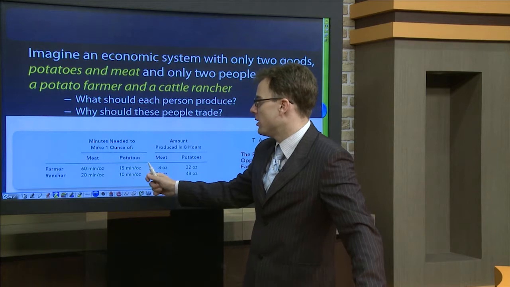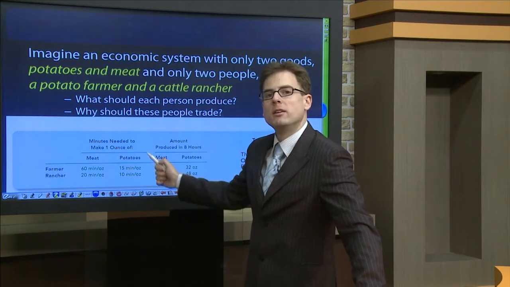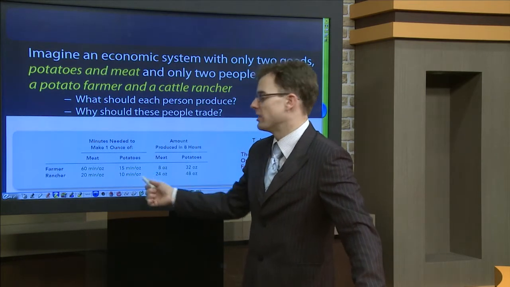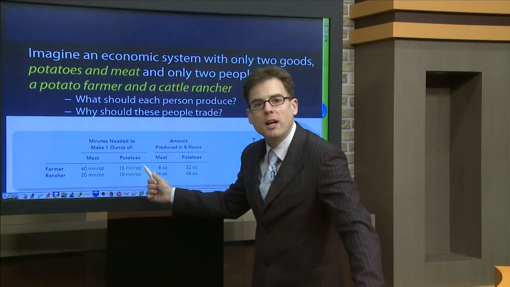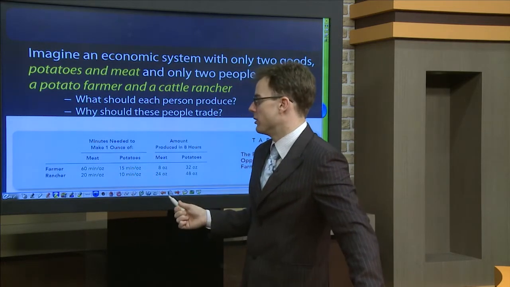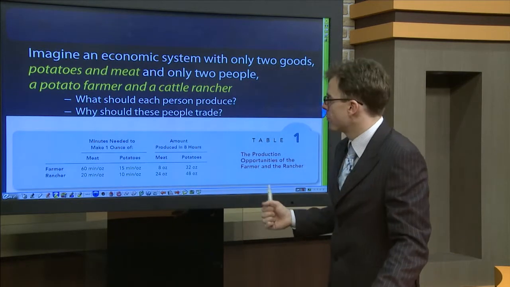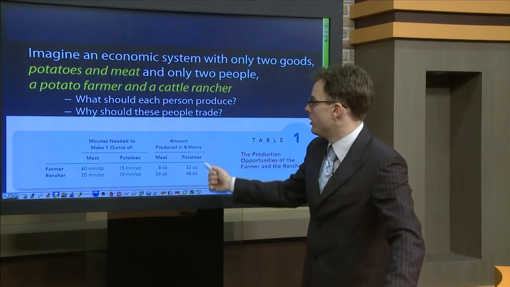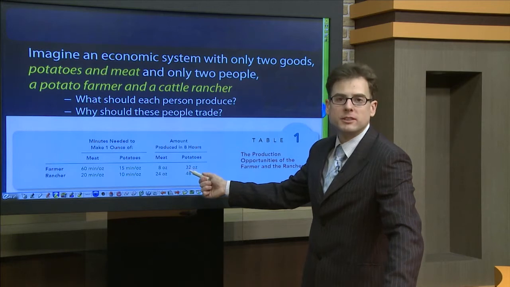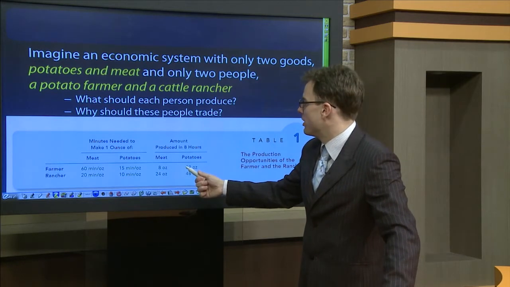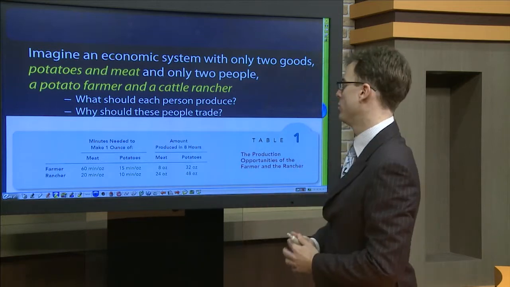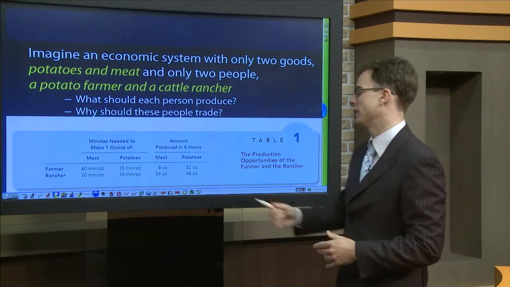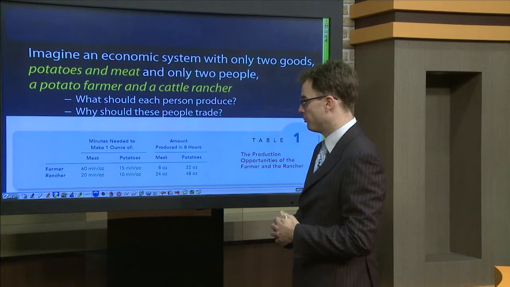The left-hand side tells us the inputs or the resources necessary for the production of two different commodities at each of these individuals. And the right-hand side gives us the amount of output that can be produced with some particular amount of inputs, such as 8 hours of production.